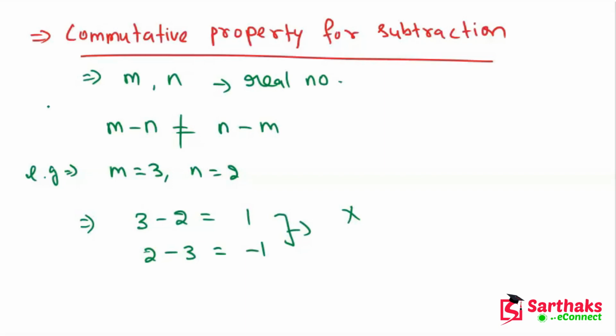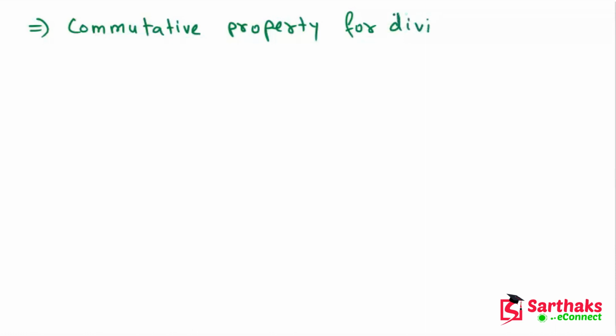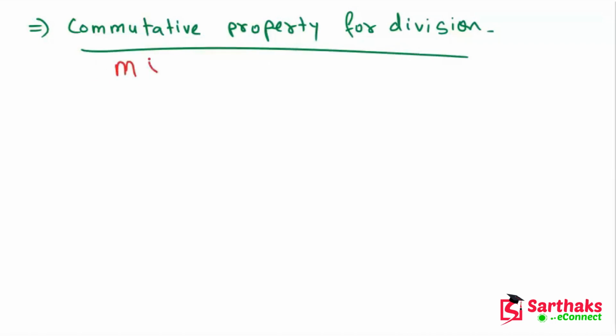The same is true in the case of division. Let's see commutative property for division. Suppose we have m and n, two real numbers.